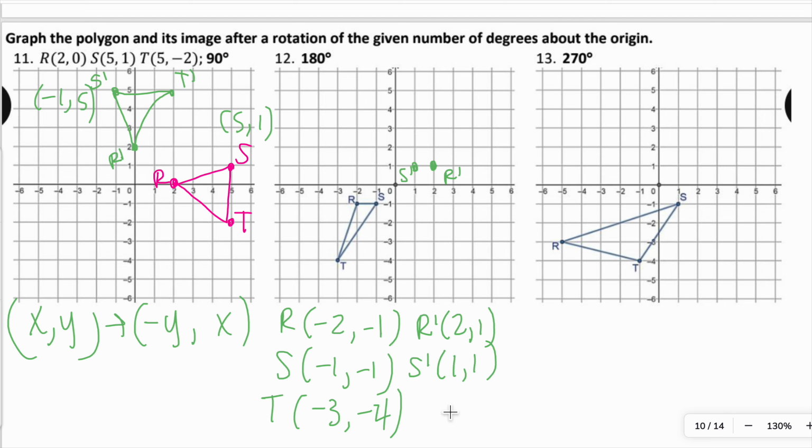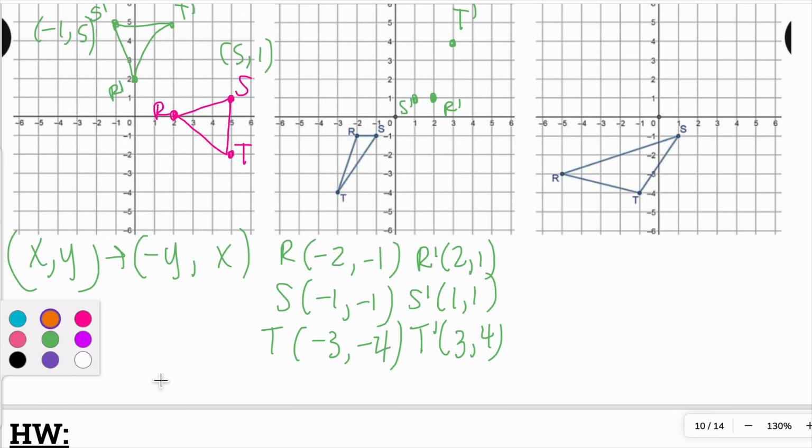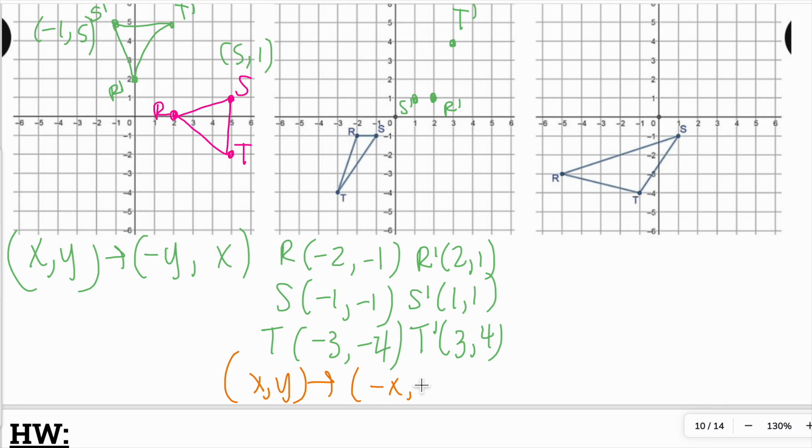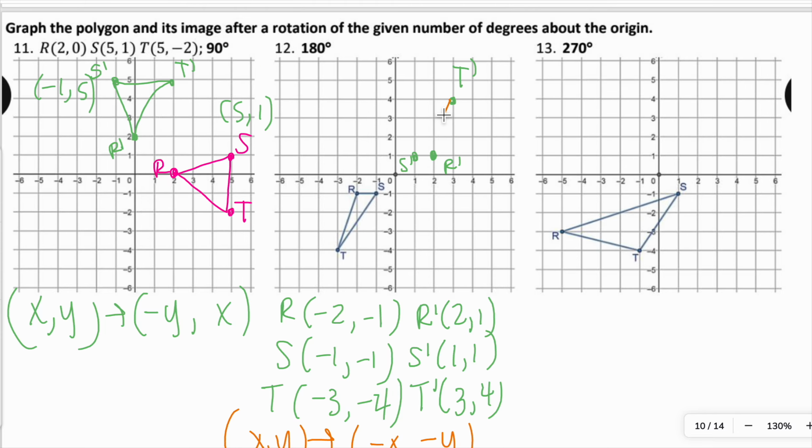And then T prime is 3, 4. So with this one, if you're just focusing on the algebraic rules, your rotation of 180 is going to be just flipping your x's and y's to their opposites, okay?